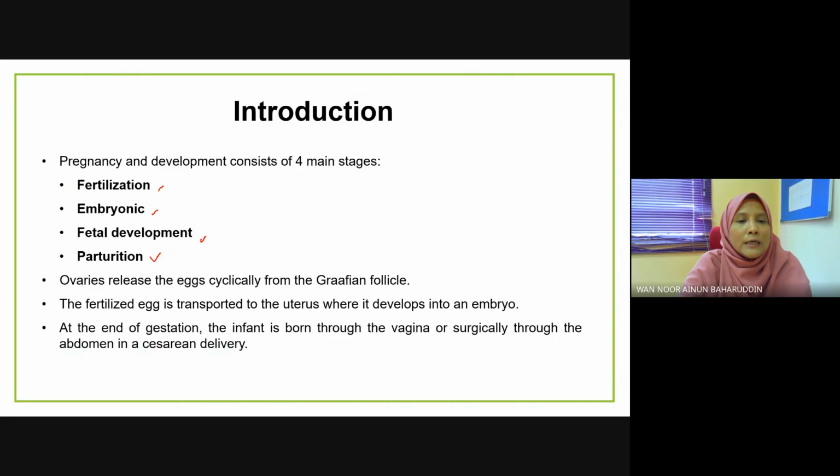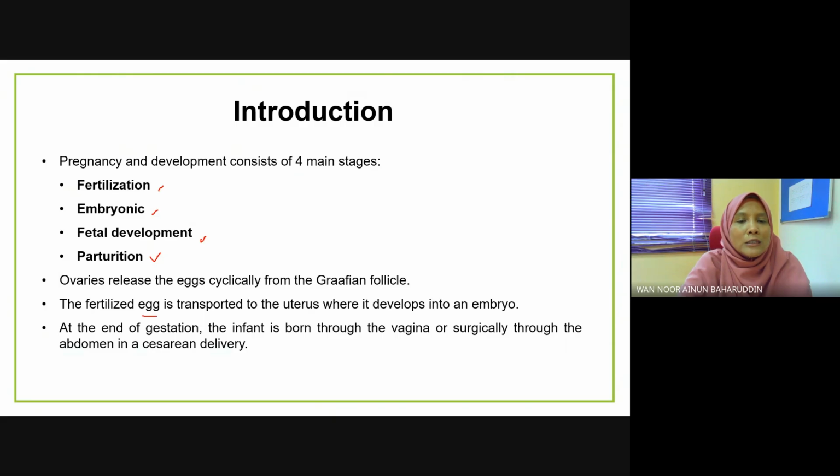Ovaries will release the eggs cyclically from the Graafian follicles. We do have the cycle for each month. The fertilized egg is transported to the uterus where it develops into an embryo. So the fertilized eggs from the fallopian tube will be transported within the uterus itself.